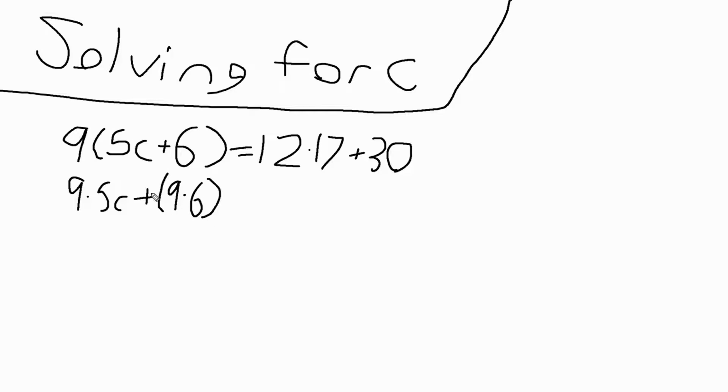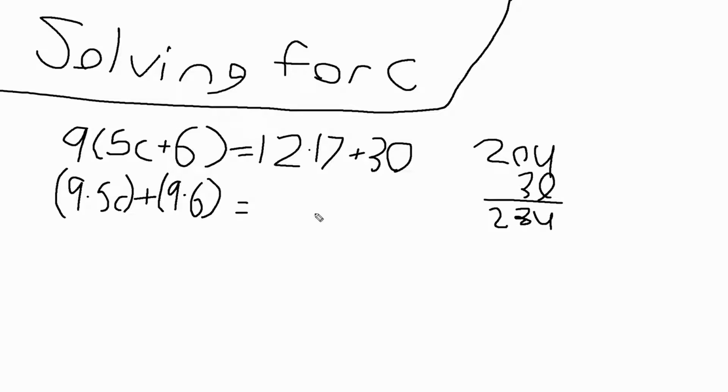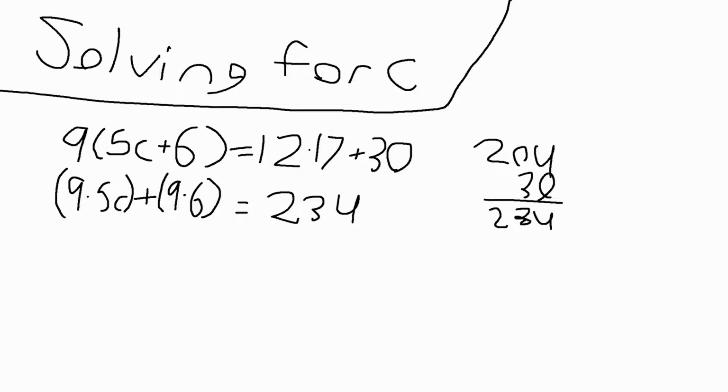So then we put parentheses around that, and then equals 12 times 17, 204, 204 plus 30, that is equal to 234. So we will do this, and then I will erase all of this.